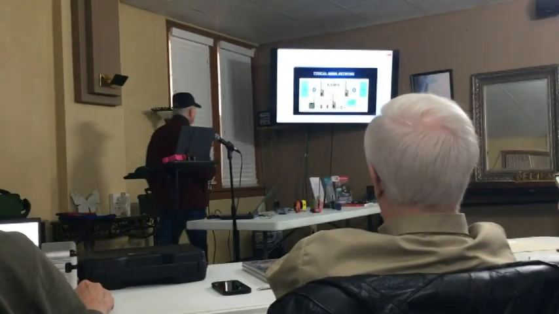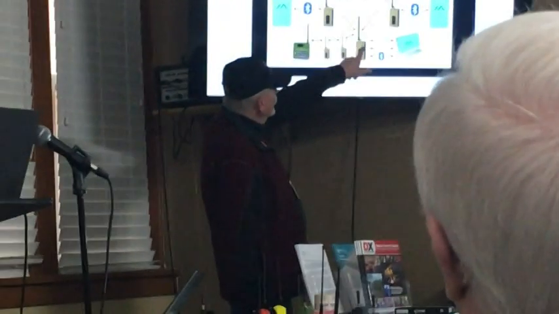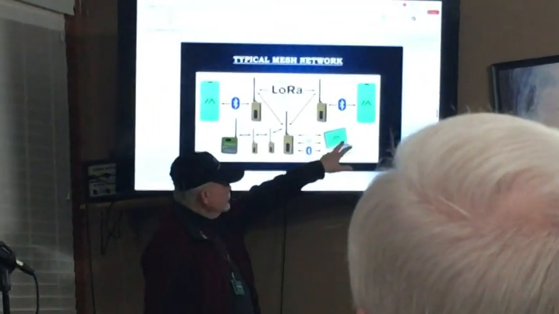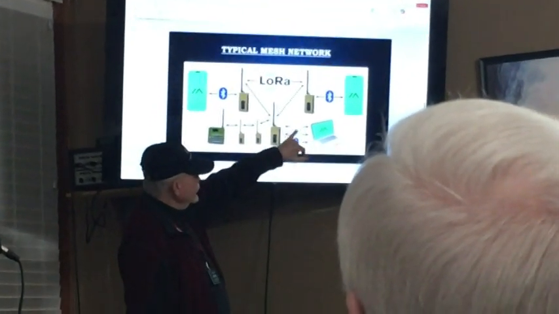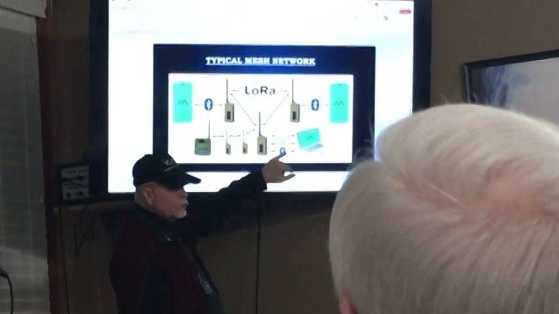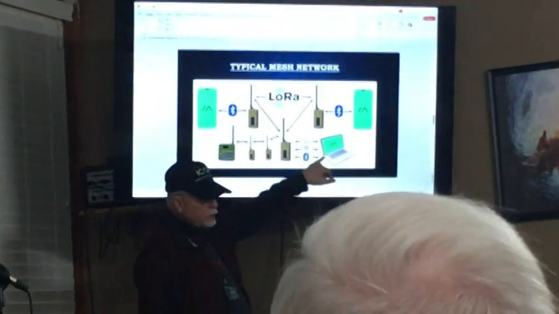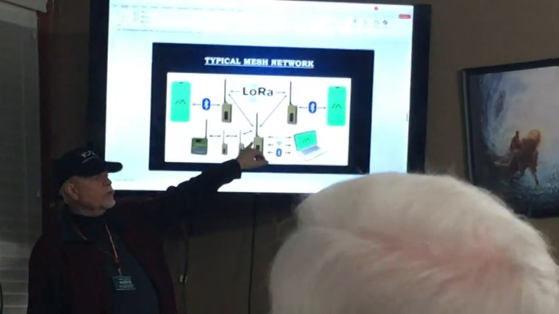So getting back to this, here we have these two nodes. This node shows a laptop that's connected, and you can connect with serial, wireless, and Bluetooth. The only reason you would really connect that way is so that you can configure the node.